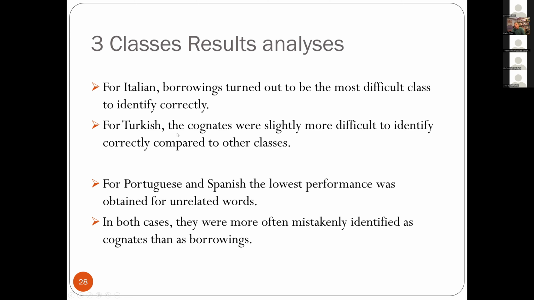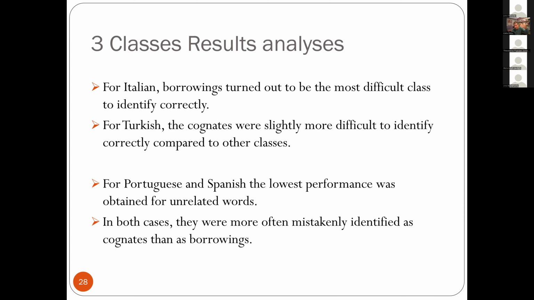For Italian, and remember the task given by Hegarty before, and others, borrowings was the most difficult class to identify correctly. For Turkish, instead, cognates was the class more difficult to identify compared to other classes.